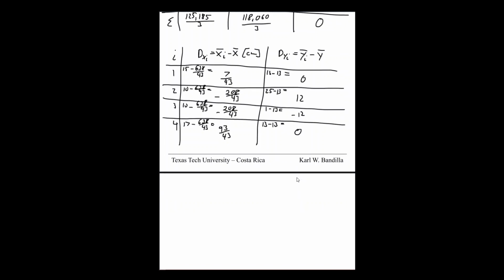Minus 13 for each. 13 minus 13 is 0. 25 minus 13 is 12. 1 minus 13 is minus 12. And 13 minus 13 is 0. All right, so we have our dxi and dyi.